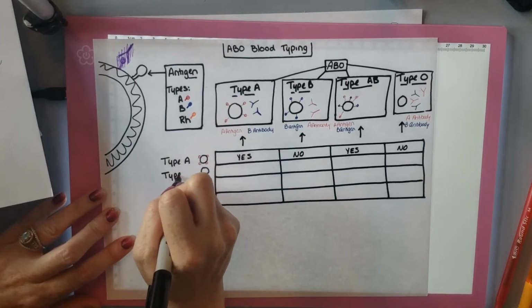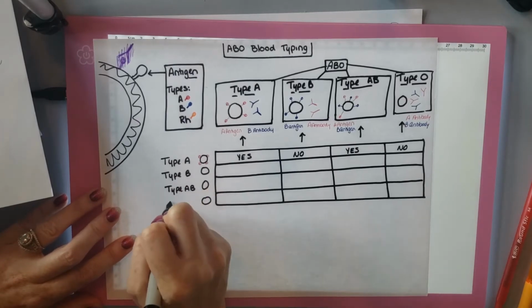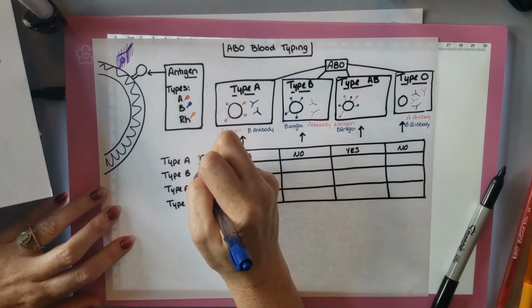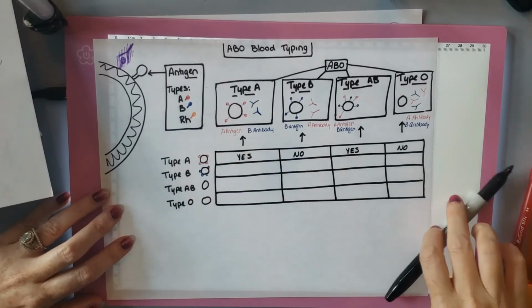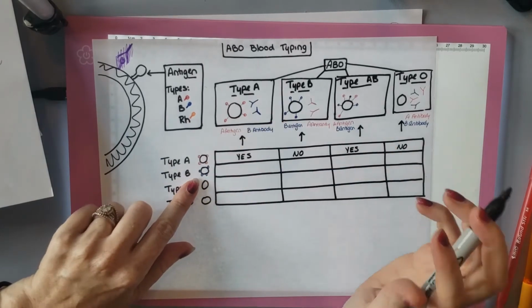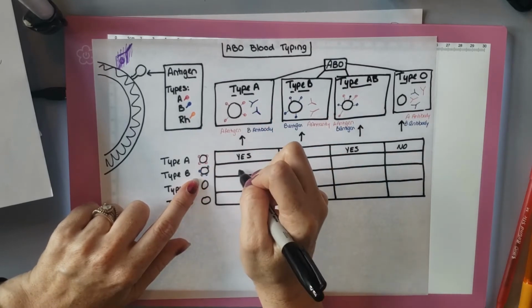So here's type B. I'm just writing these real quick. Okay, so type B with these little nubbins. Can we give this cell to this person? No way. These antibodies will slice that puppy right in half.